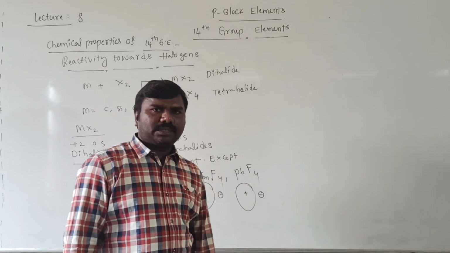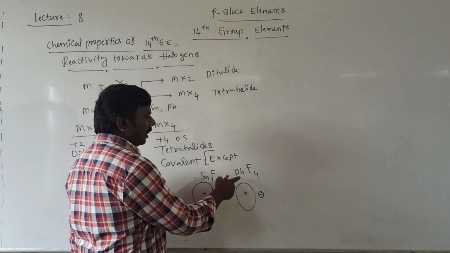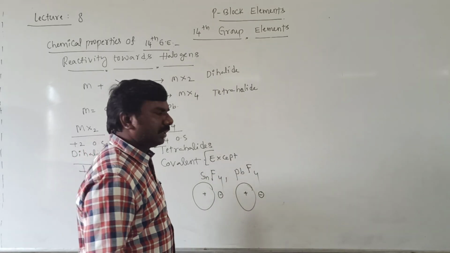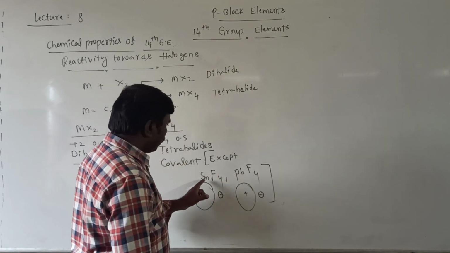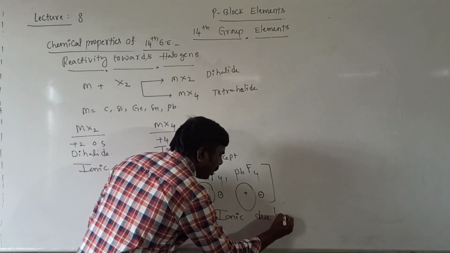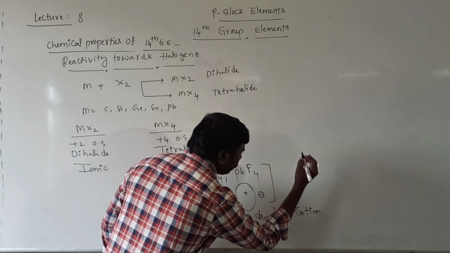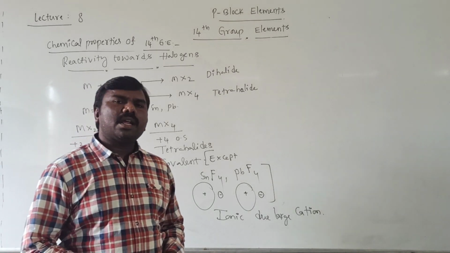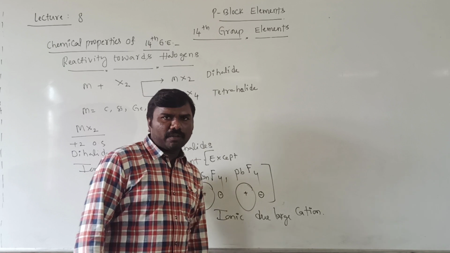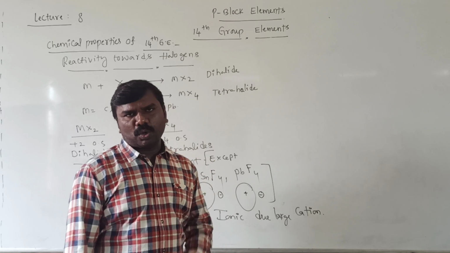Cation size increases, ionic character increases. All tetrahalides in +4 oxidation state are covalent except stannic tetrafluoride and lead tetrafluoride, which are ionic due to the large cation size.